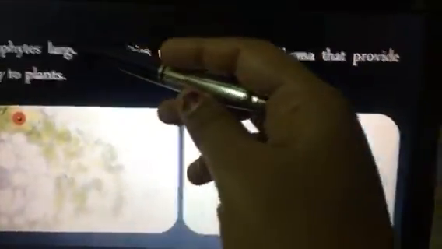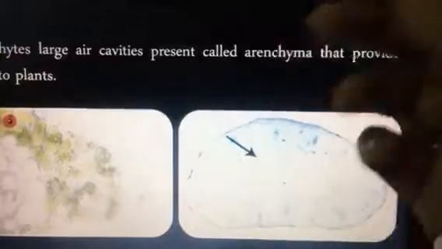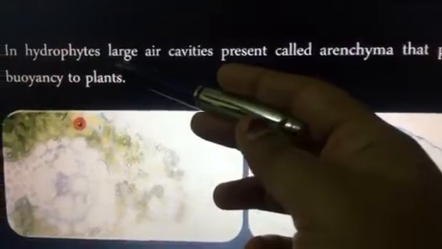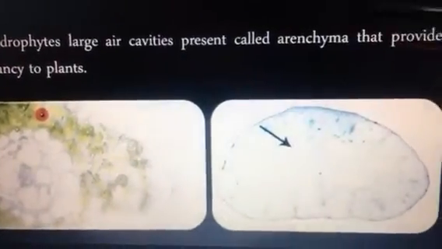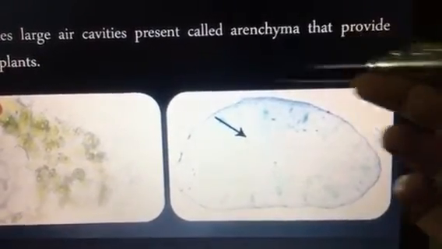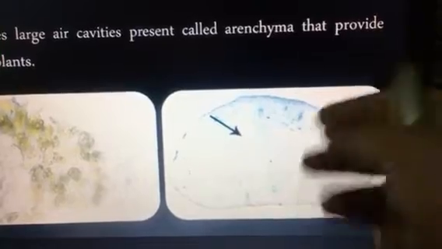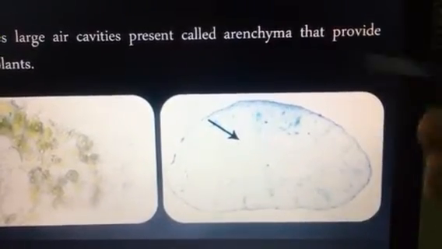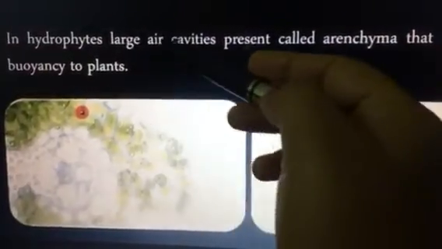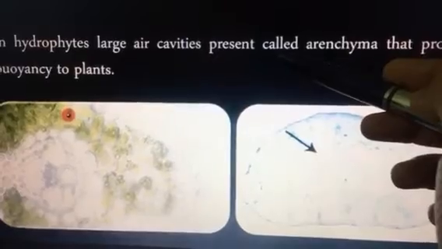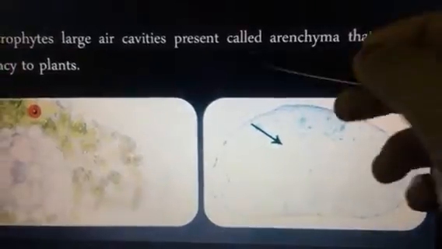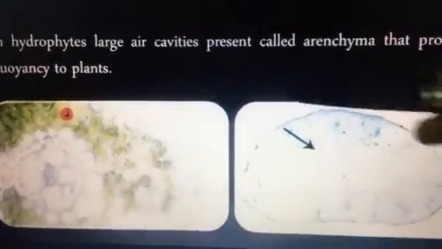In aquatic plants, this chlorenchyma becomes aerenchyma. Why? Because it has large air bubbles, and because of these air bubbles, the tissues become buoyant, that is, they float and provide buoyancy to the plants. These air cavities are present in the parenchyma tissue to give them buoyancy.